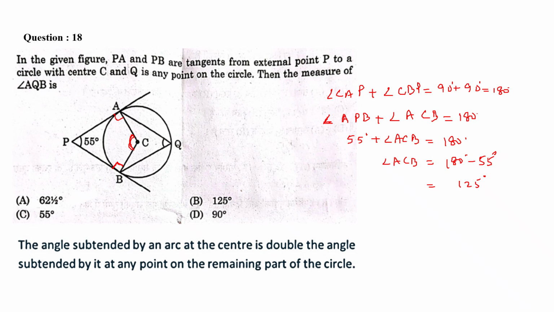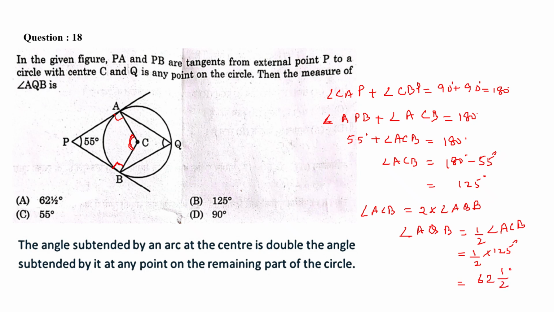So angle ACB is twice angle AQB, so angle AQB is half of angle ACB. Half of 125 degrees gives 62.5 degrees. So A is the correct option.